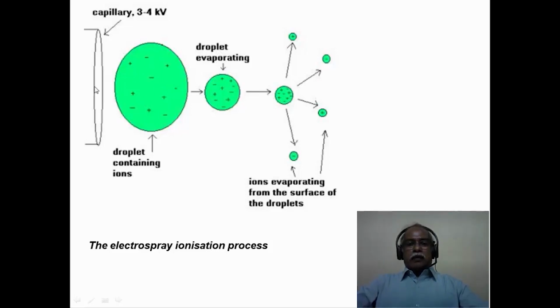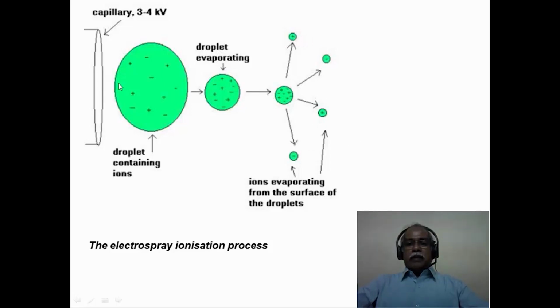As the droplet proceeds towards the other electrode, there is evaporation of the droplet, and the droplet becomes smaller and smaller. In the process, the droplets burst into smaller droplets, which are called the daughter droplets, and the ions get evaporated from the surface of the droplet, eventually producing only the ions of interest without the solvent molecules being present in the system.